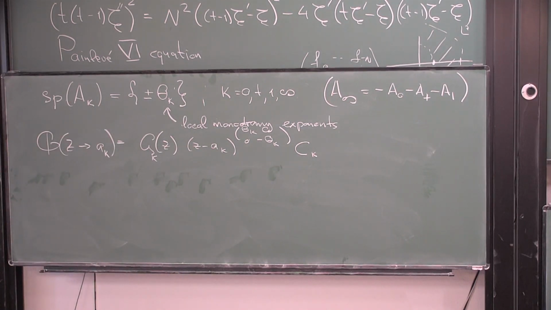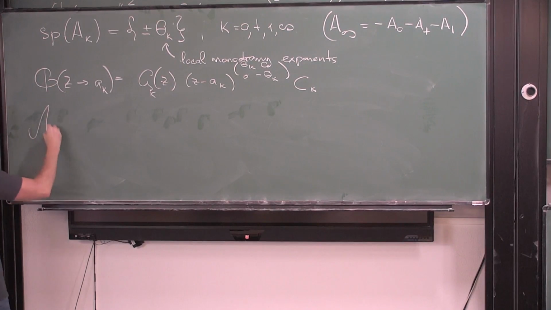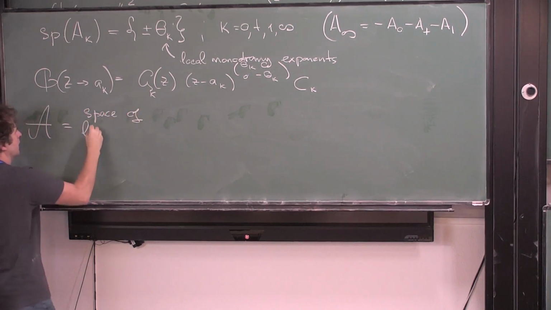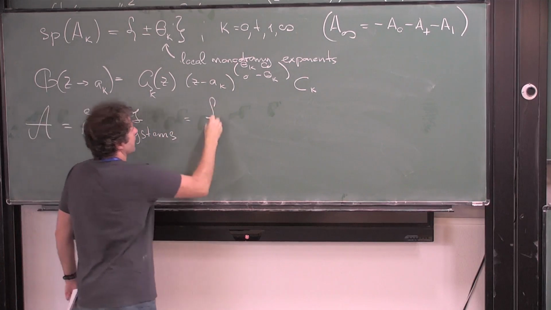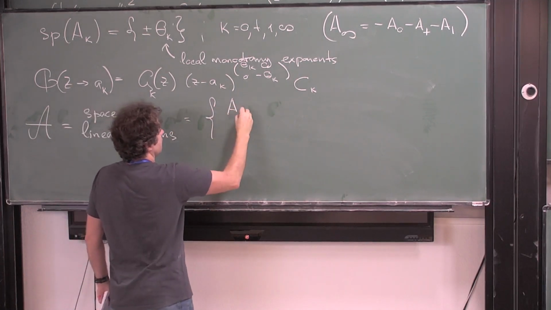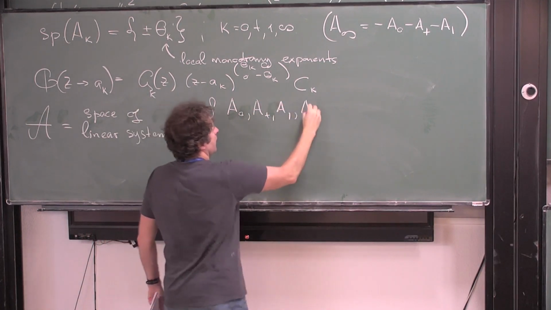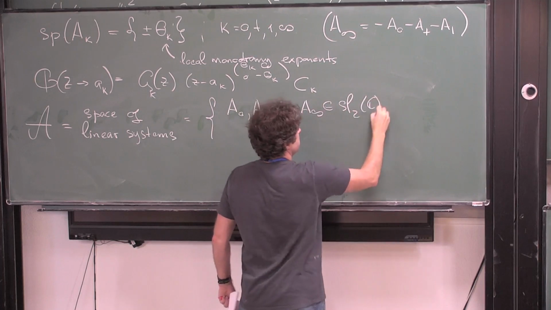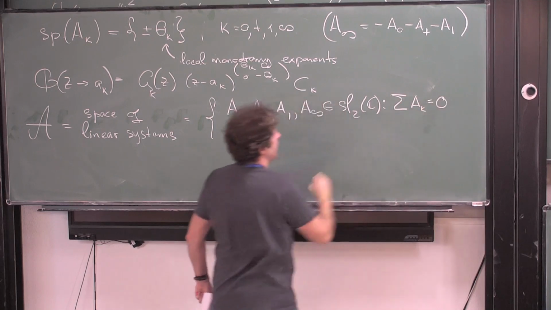Right. Now, we are going to associate to this linear system two important spaces. One space that I will call A will be the space of linear systems given by four tuples of matrices A0, At, A1, A infinity, 2 by 2 and traceless, satisfying this: the matrices should sum up to 0.